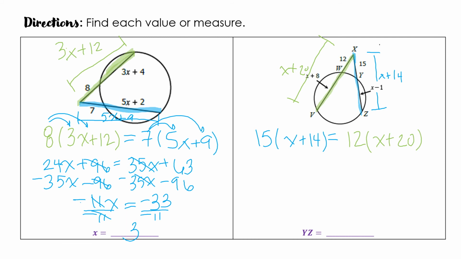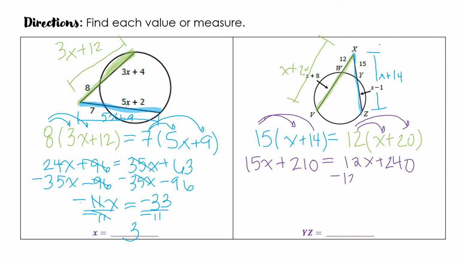Again, the outside length times the entire length will equal the other outside length times the entire length. So I'm going to distribute now. 15 times x is 15x. 15 times 14 is 210. 12 times x is 12x. And 12 times 20 is 240.